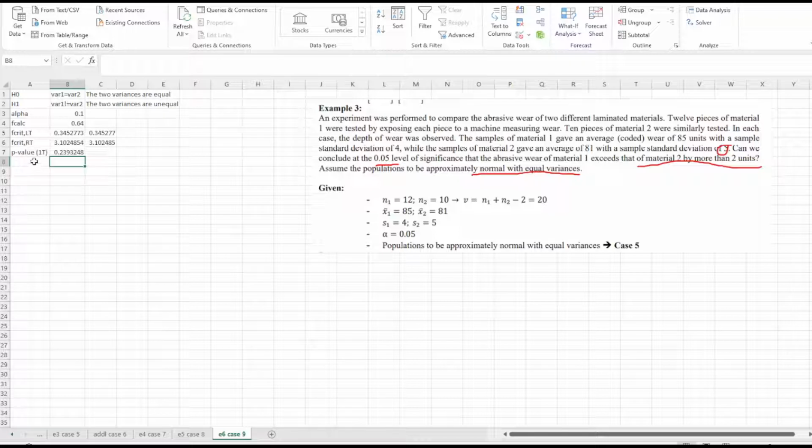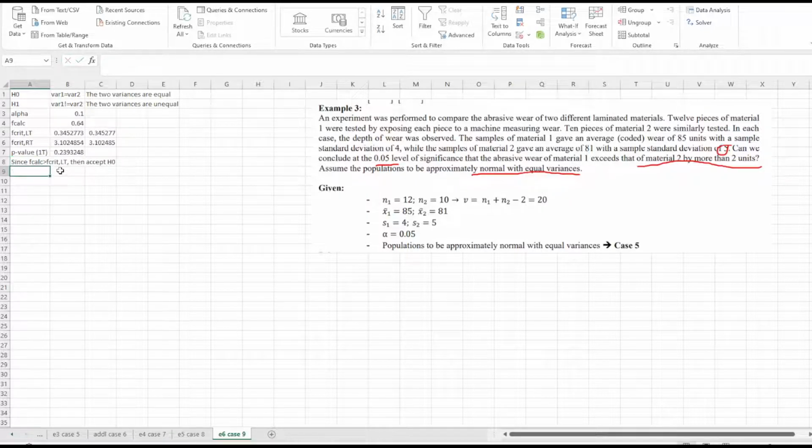So, when we draw our conclusions, we can have dito since F calc is less than, I'm sorry, than F crit. Oh, no, sorry. F calc is greater than F crit left tail, then accept H naught.